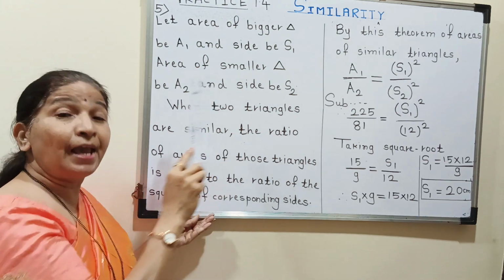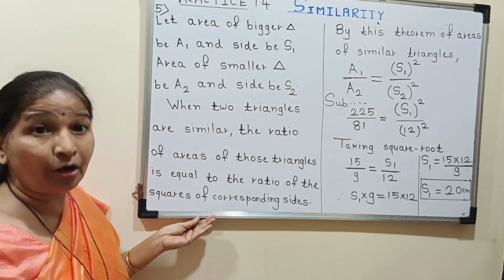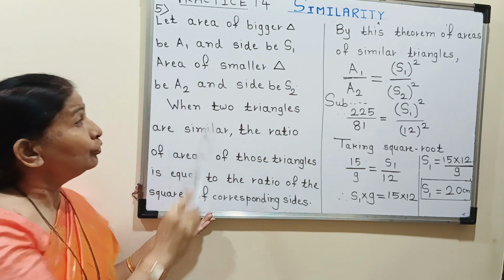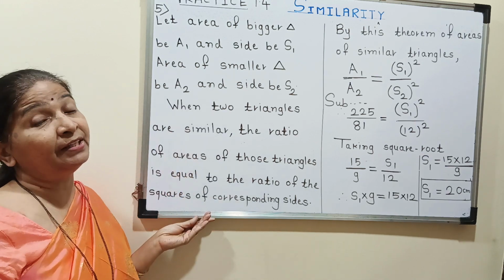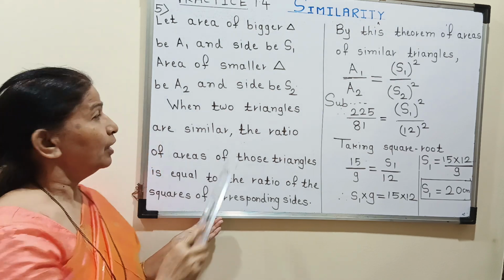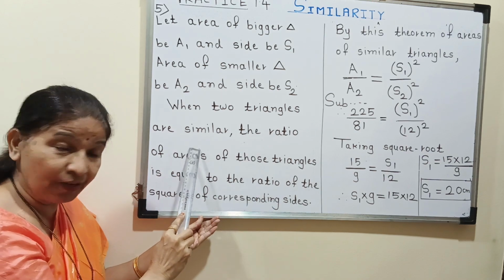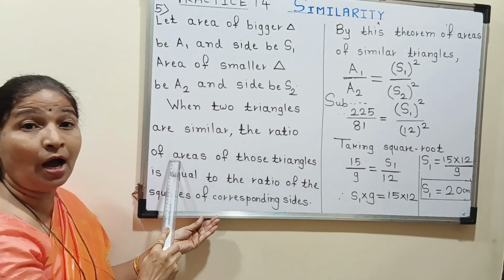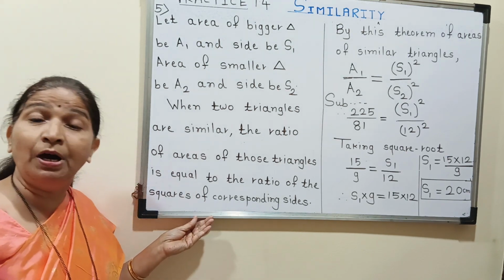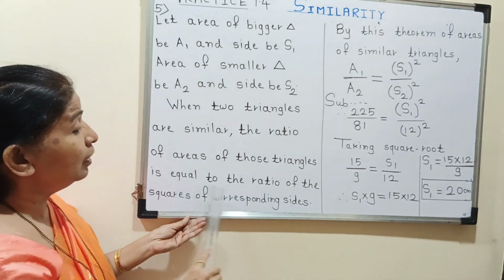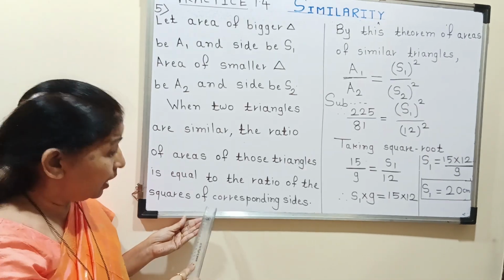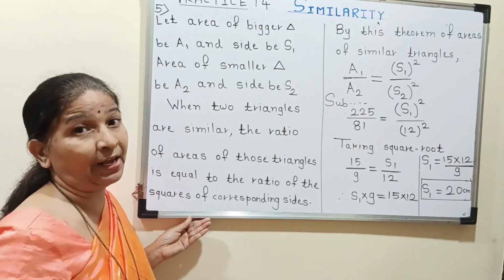Now we will explain that theorem. When two triangles are similar, their size is not the same but the shape is the same. When two triangles are similar, the ratio of the areas of those triangles is equal to the ratio of the squares of their corresponding sides.